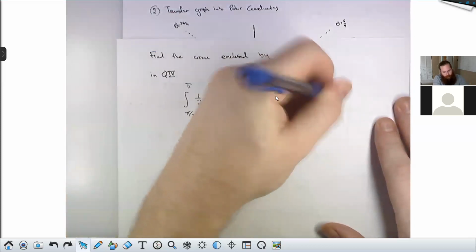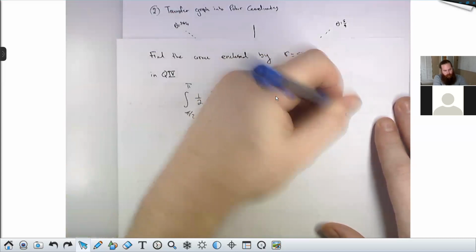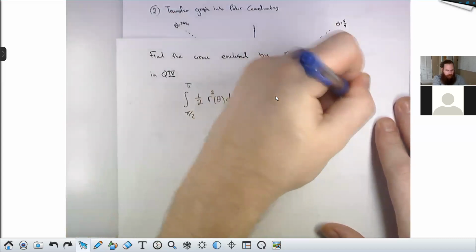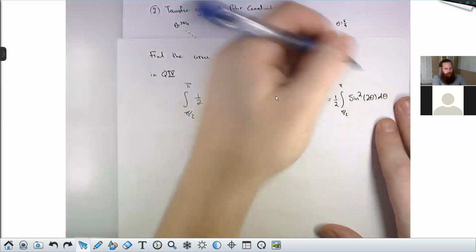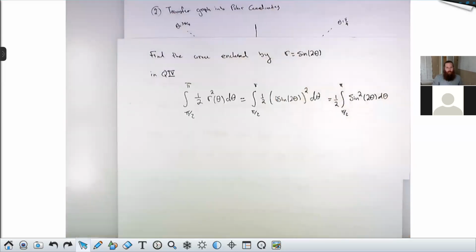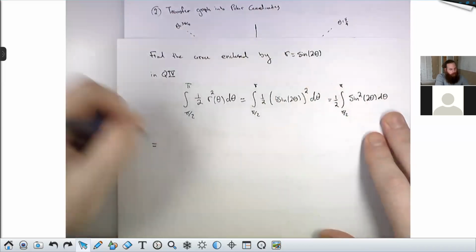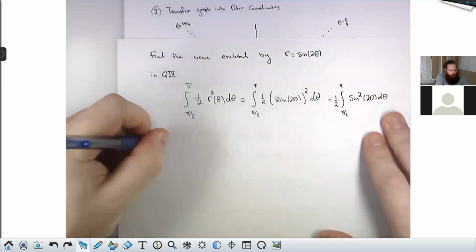This is 1/2 integral from pi over 2 to pi of sine squared of 2 theta d theta, and we integrate even powers of sine always by using half angle identities. So there's going to be another copy of 1/2 coming out, which will make that 1/2 a 1/4.